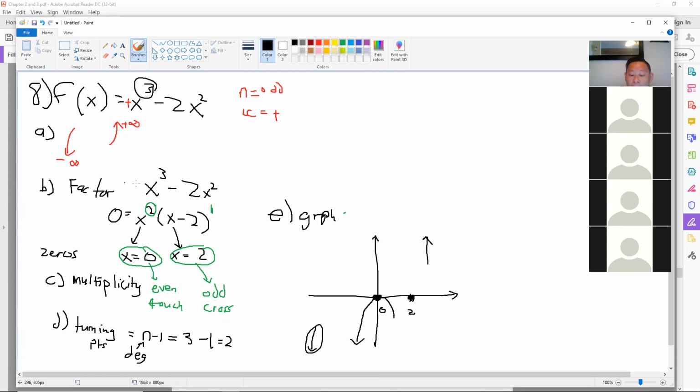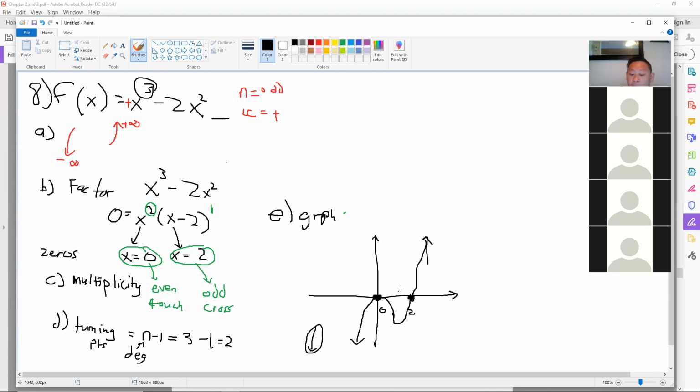So at one point, this graph will go down and then it will turn back up, and you will cross at 2, because 2 you say is odd. So it will cross right here and then you go back up. So your graph will look something like this. And then you turn around here.